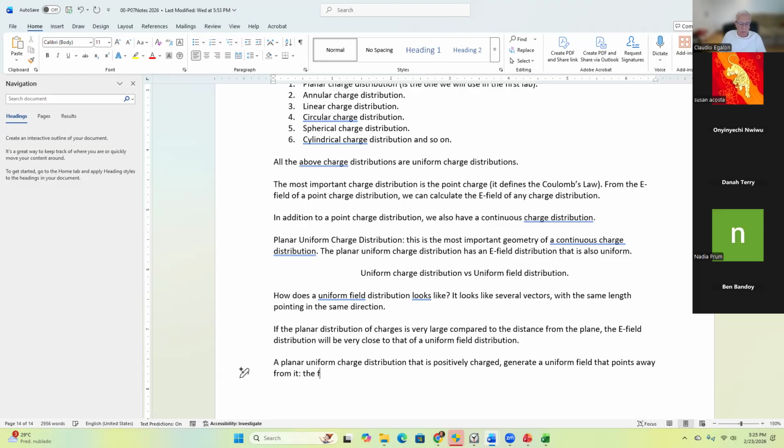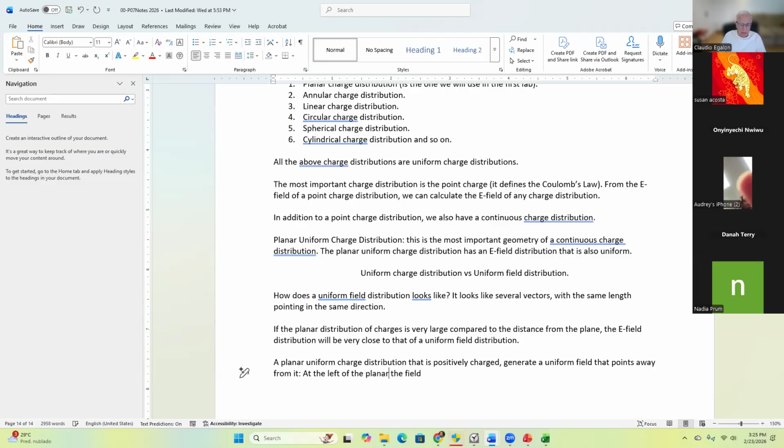The field at the left of the planar distribution points to the left.